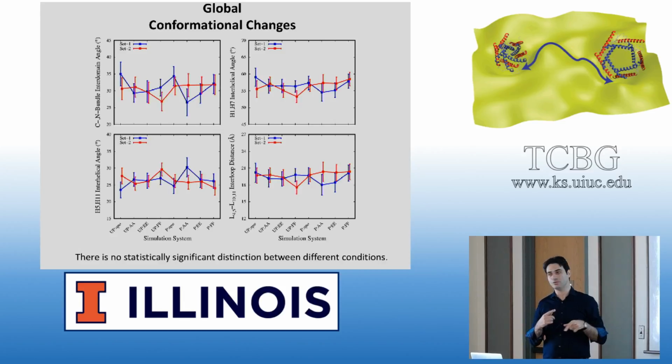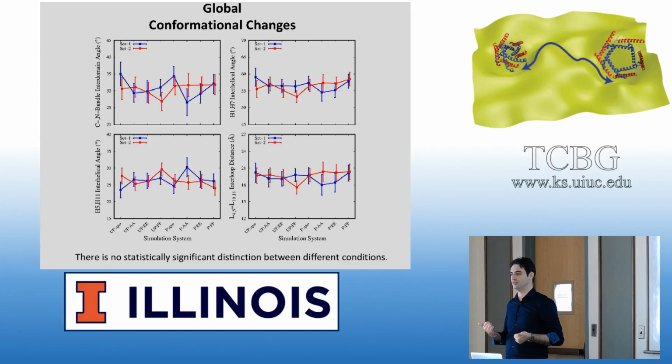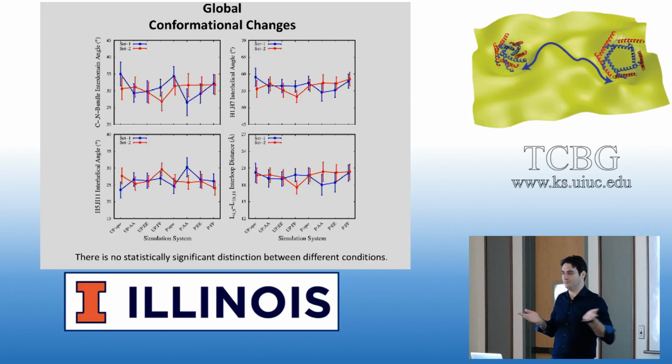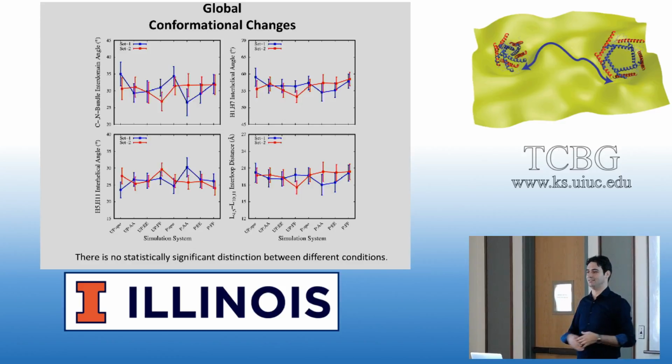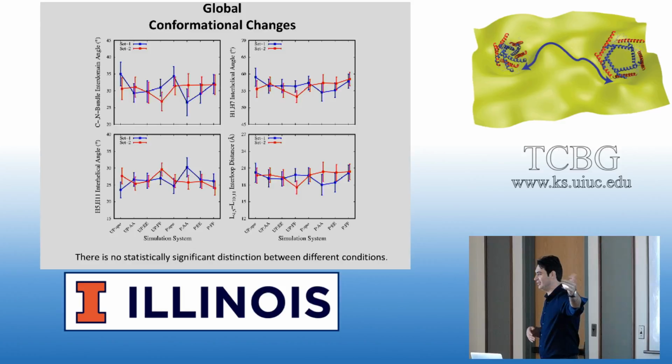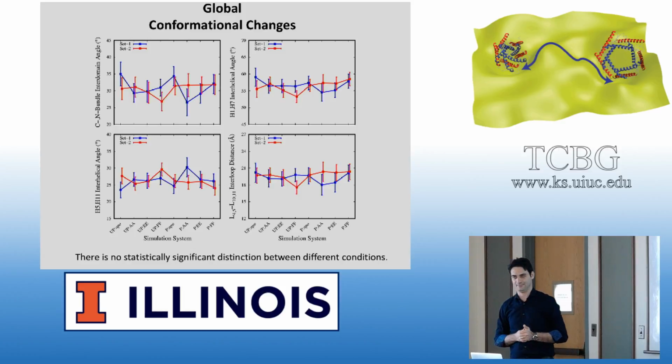The red and blue, one is set 1, the other is set 2. So it's the repeat of the same simulation, and you look at the average and the standard deviation. They are all just random. You cannot find anything statistically meaningful that tells you that when it's protonated, this is opening more, and when it's unprotonated, it's opening less.